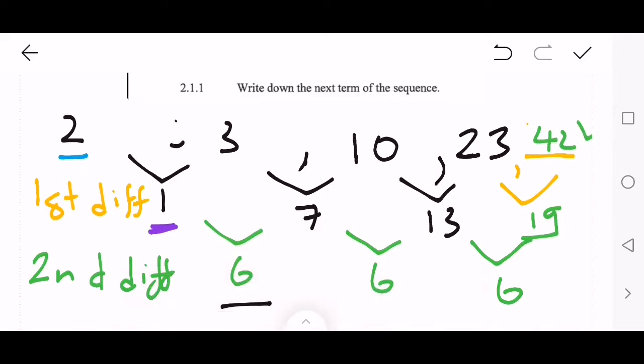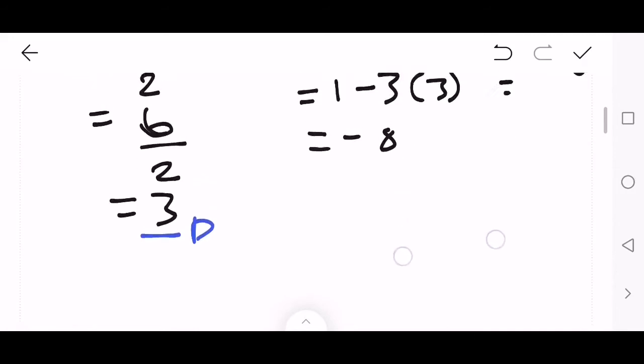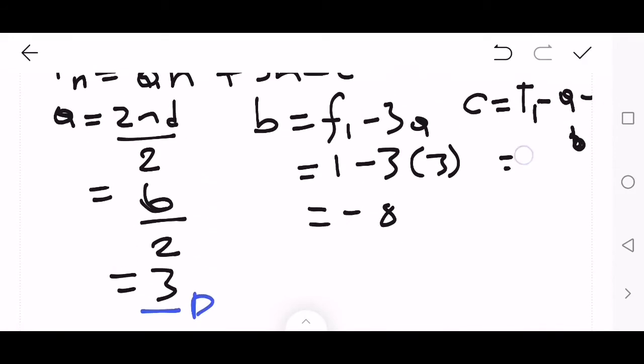So we're going to have 2 minus a, which is 3, minus b, into minus 8. So that will give you an answer of 7.